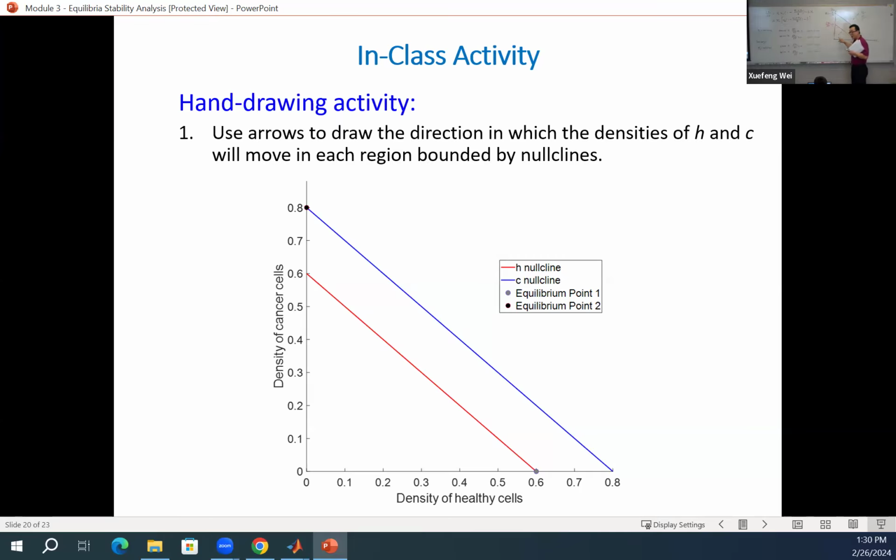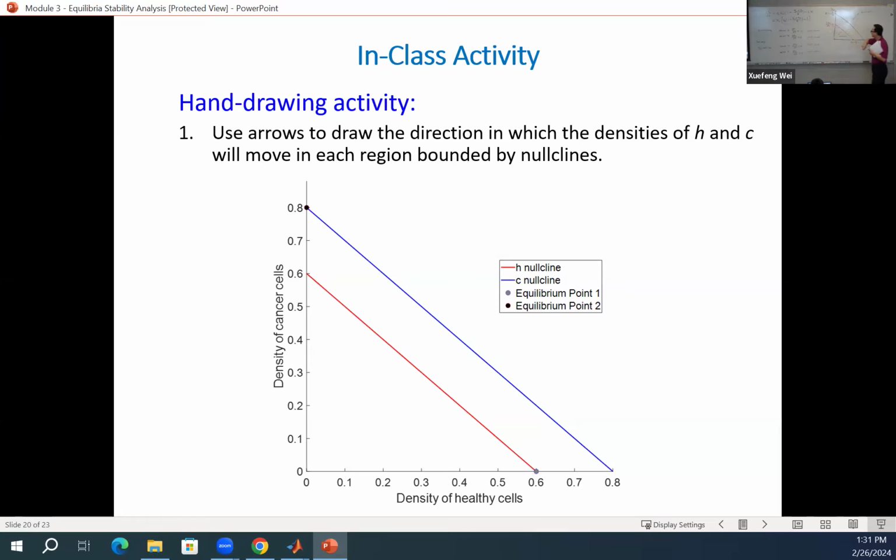When they're both very low, they both increase. What about this region here? If I have something at this point, it's southwest from here, and this region moves northeast.